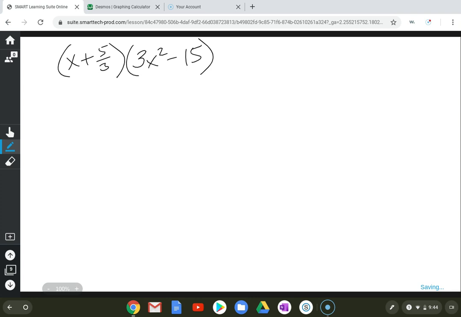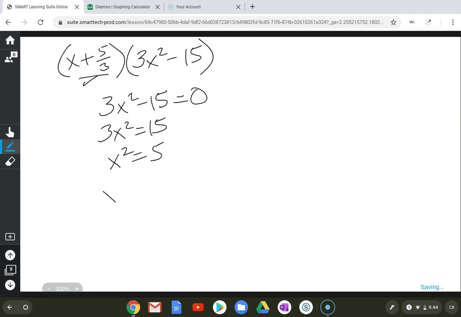So I already know this 0. That one's good. Check. Let's take a look at this one. 3x squared minus 15 equals 0. So add the 15, divide by 3, and I get x equals plus or minus the square root of 5.